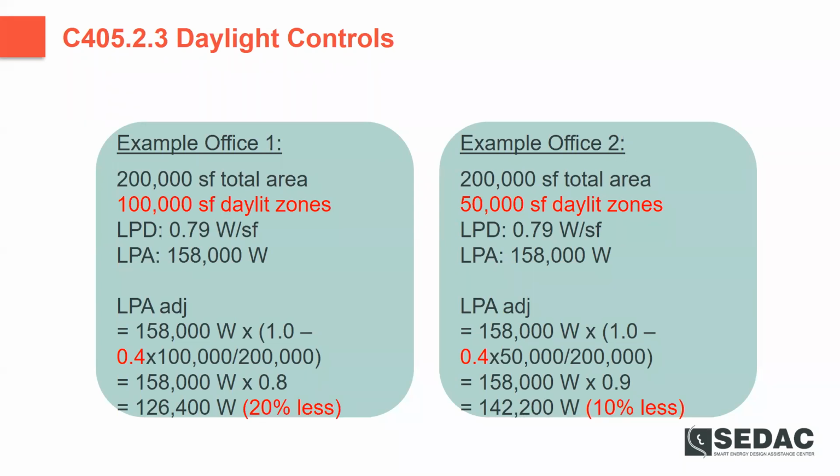That's what that area weighted average looks like. So you've got that 100,000 square feet reduced by that 40% divided by the 200,000 square feet. The next example, say that daylit zone is a little bit smaller for the same square footage, down to 50,000 square feet. Now you only need a 10% reduction in wattage for that space instead of a 20%. So that's how that area weighting average works for the daylighting control exception.